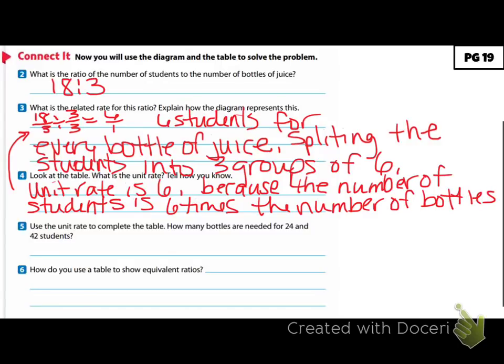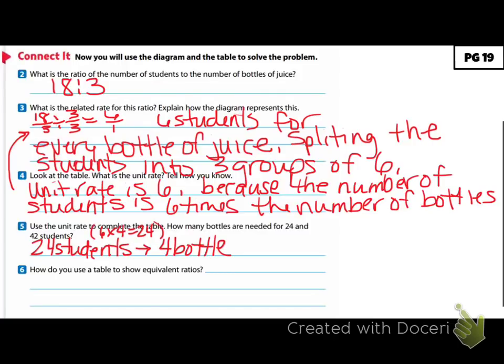Okay, number 5, use the unit rate to complete the table. How many bottles are needed for 24 and 42 students? So we did that on the other side. For 24 students, we needed 4 bottles because we multiplied the 6 by the 4 to get our 24.